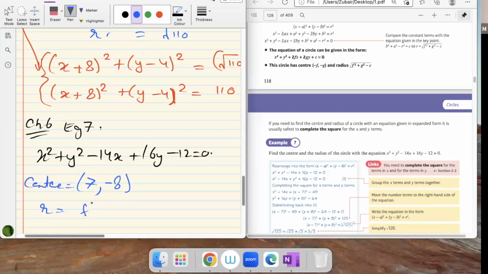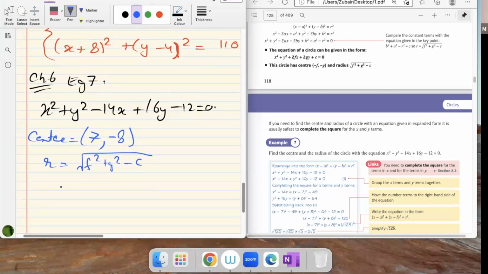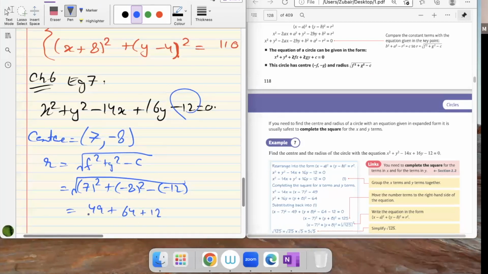And the radius is the square root of f squared plus g squared minus c. So the value of f is 7, the value of g is -8, and the value of c is -12 from the equation right here. So 7 squared is 49, 8 squared is 64, plus 12.